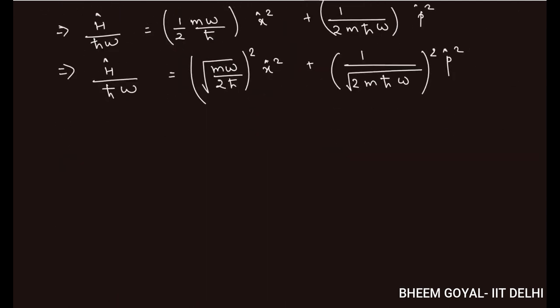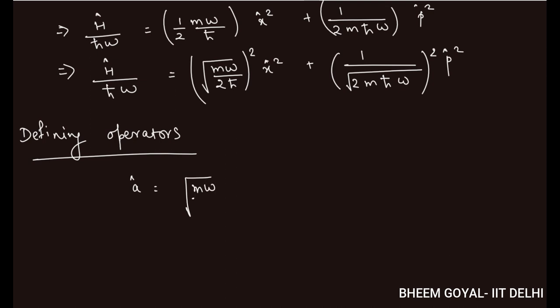So now I am here defining two operators. What are these operators? One is A, equal to square root of m omega over 2h bar x plus iota p over square root of 2m h bar omega, and the other is A dagger. A dagger is defined by A itself. We just replace iota by minus iota.